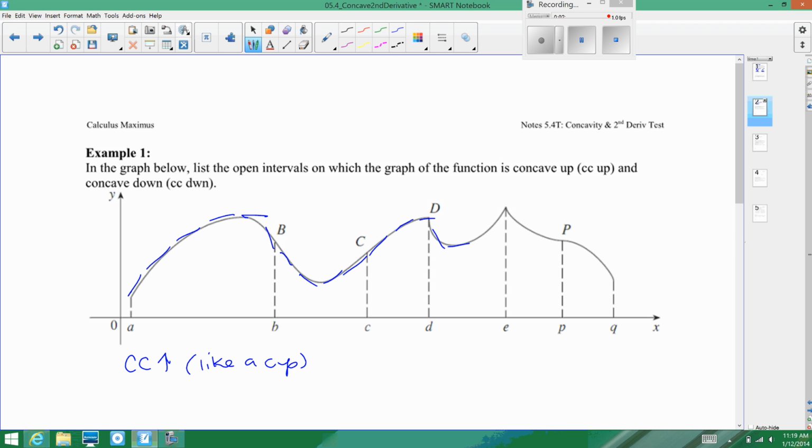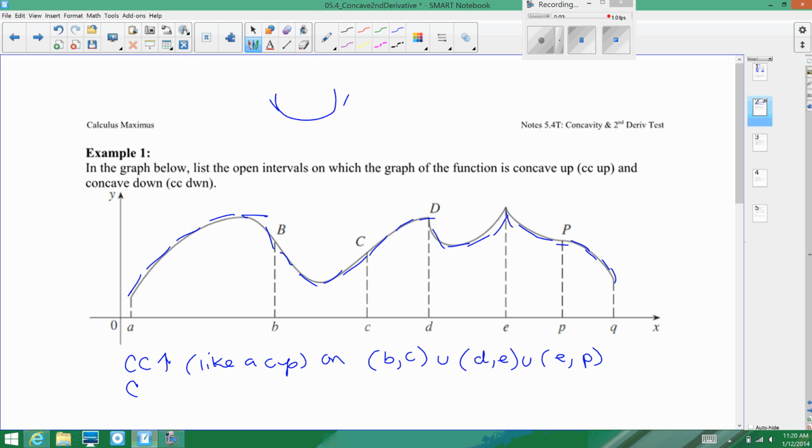Where are the tangent lines below the graph? That would be on B to C. See, it's concave up like a cup. The tangent lines follow underneath. And also we could say D to E, and E to P, and that looks like it.